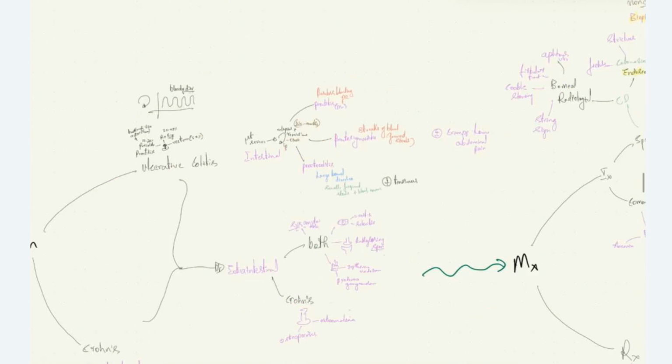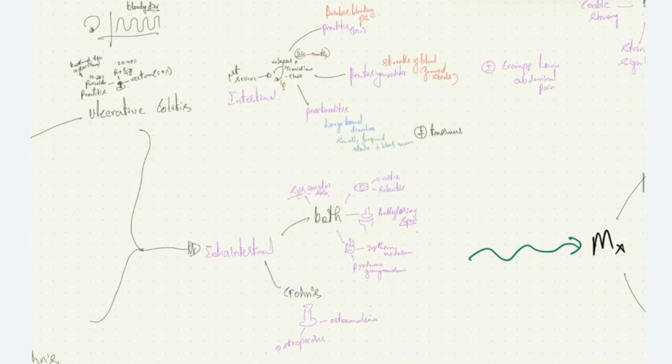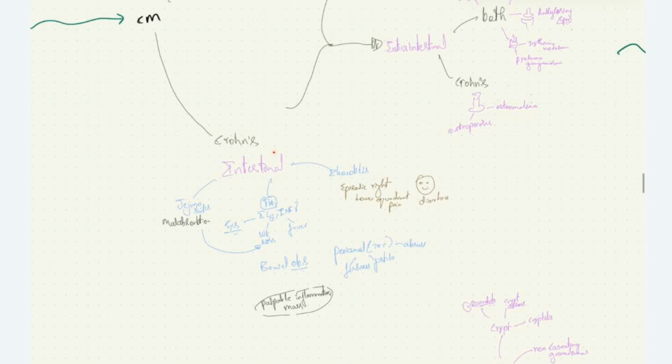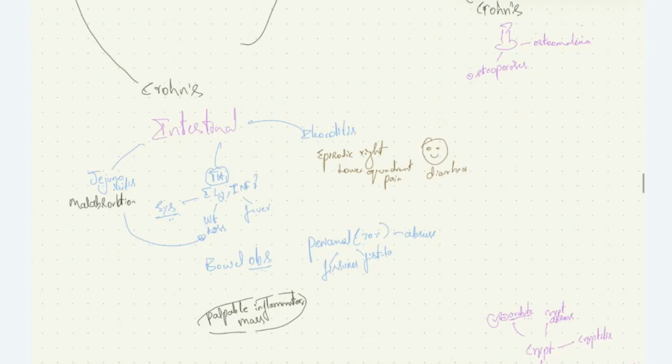So let's see the intestinal manifestations in Crohn's disease. Most commonly we see ileocolitis, leading to episodic right lower quadrant pain. Characteristically, this pain will disappear after the patient passes stools, that is, after diarrhea.